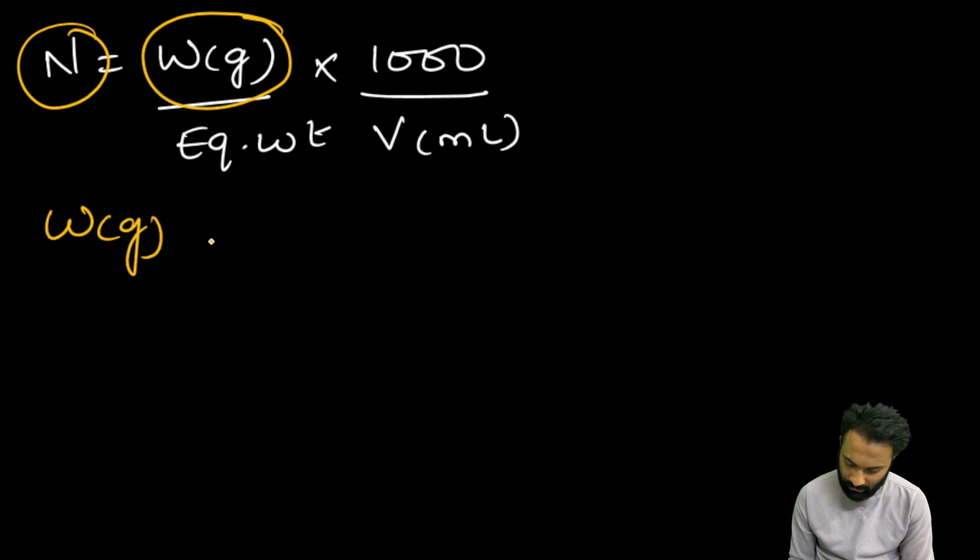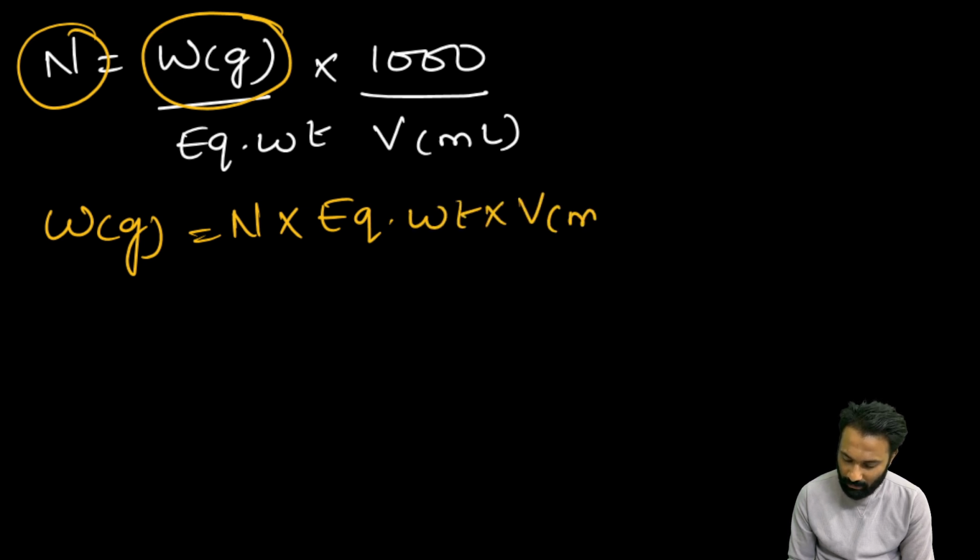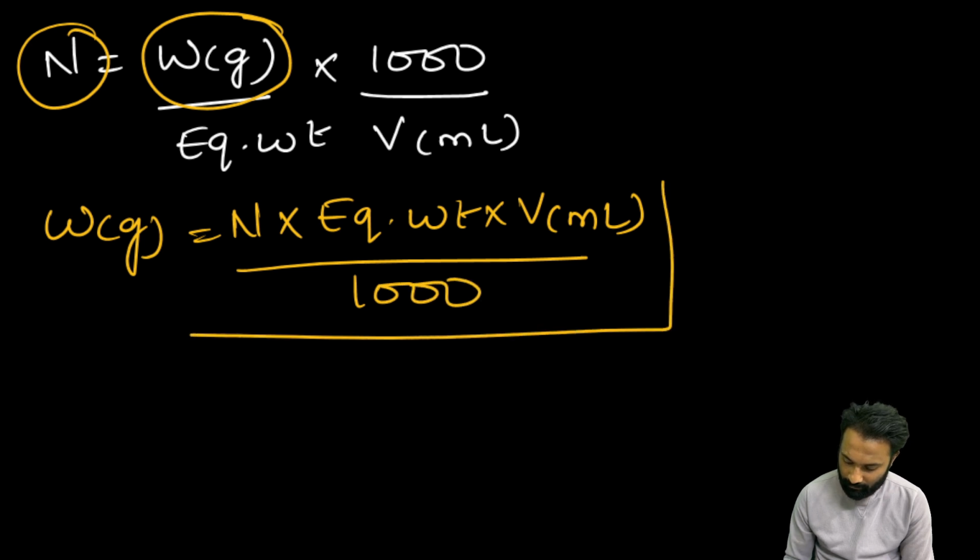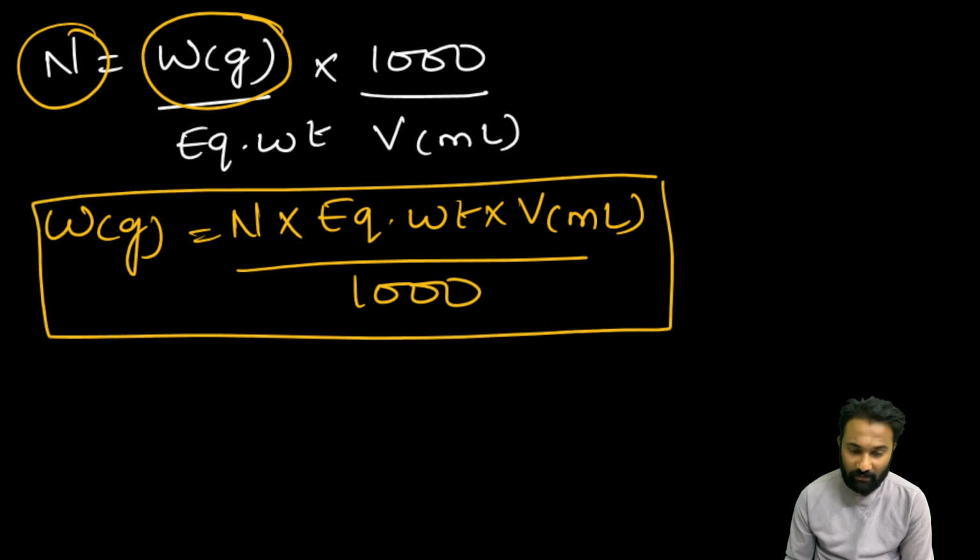Weight of the solute is equal to normality into equivalent weight into V mL by 1000. We can calculate the weight of the solute from here.